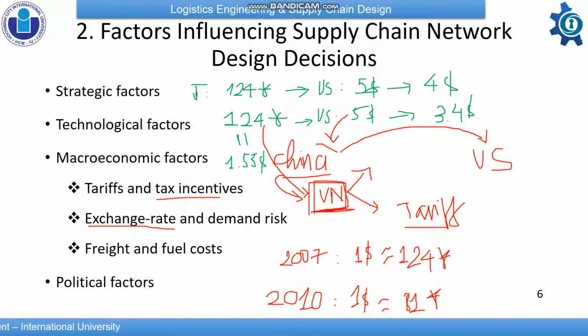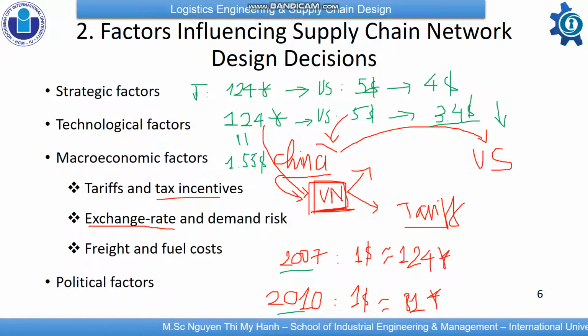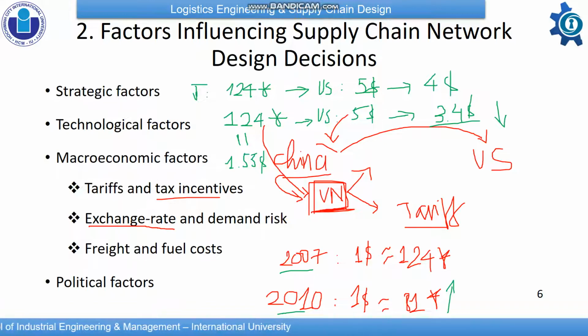It's not $1 anymore, so the profit will decrease. So in this case, if the value of the Japanese yen increases, the factory in Japan that exports to the US will get hurt. Their profit will decrease.